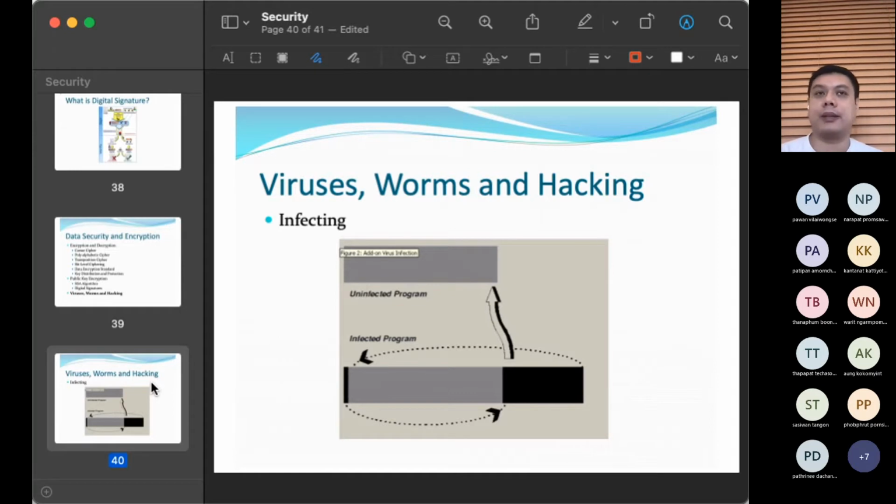But the virus finds a way through any leak, any hole, any weakness in the operating system, and can copy itself, infect another program, and do something that we are not allowing, for example delete data, copy data, steal data. That's a virus.